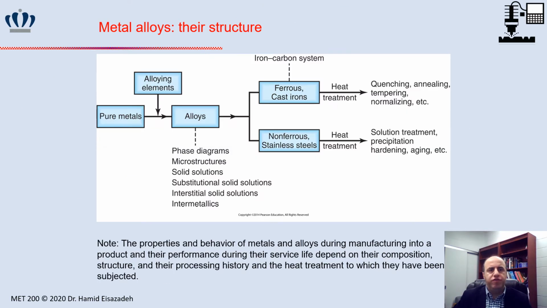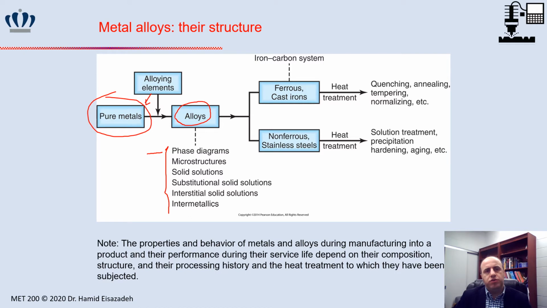We have very few cases where we use pure metals. Most often in industry we use alloys, and alloys are a mix of alloying elements with a pure metal. If you want to understand alloys and their properties, we need to understand the phase diagram, the microstructure of alloys, and the solid solution, different types of solid solution.